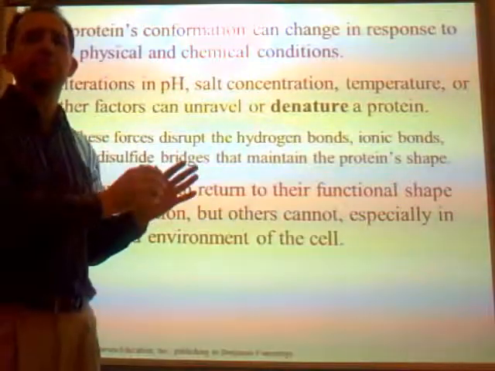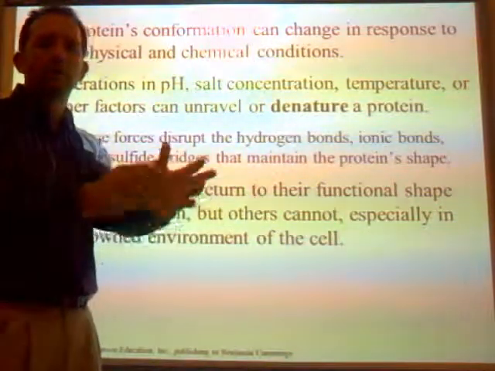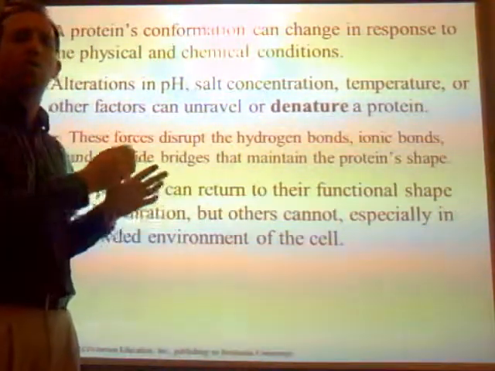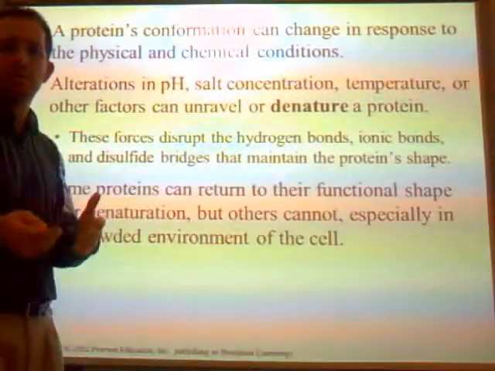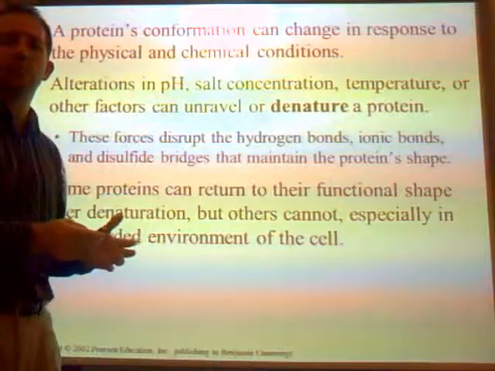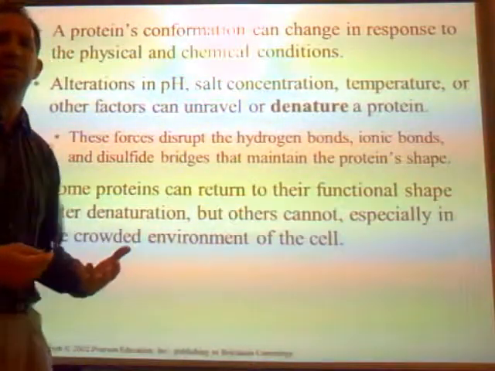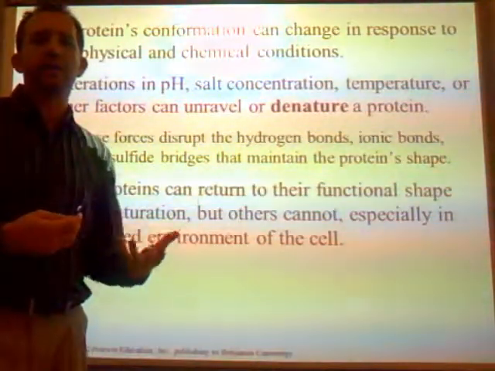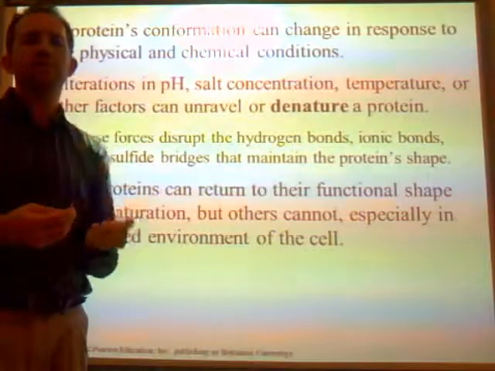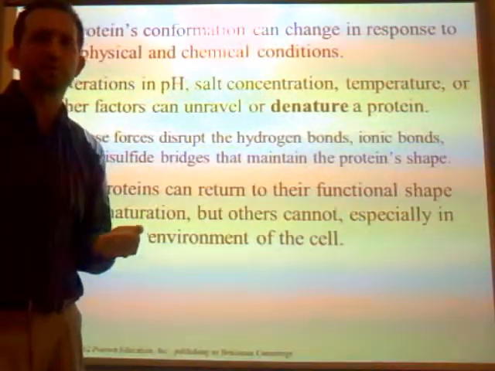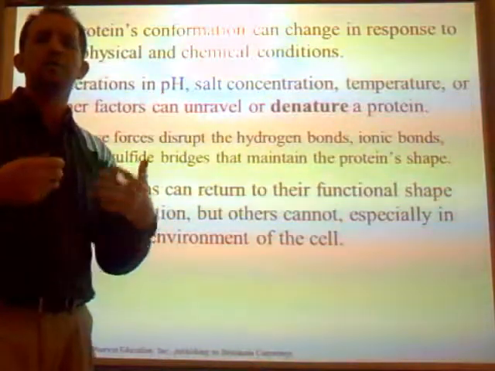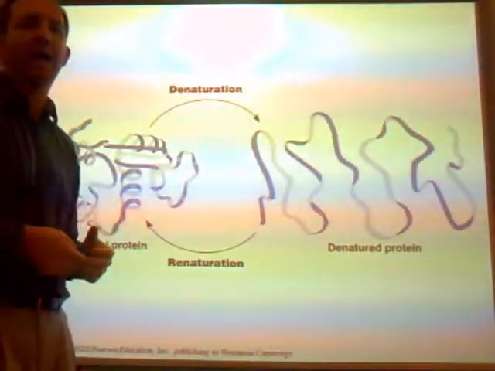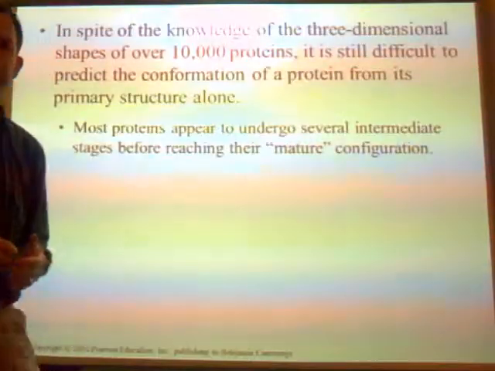And if you alter the shape of a protein, you've altered its function. It is now no longer able to do what it was designed to do. And so we have to be real careful, and our bodies are designed in such a way that they resist these pH changes, salt concentration changes, and temperature changes, trying to keep everything in balance so that our proteins remain at an optimum.